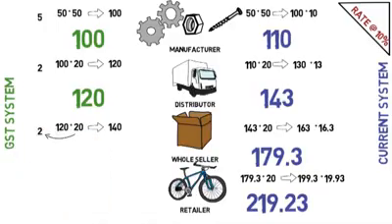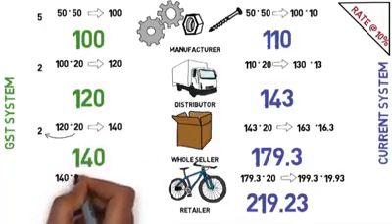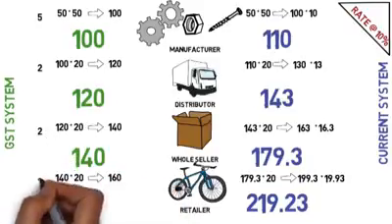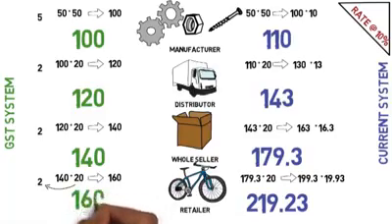The retailer buys the product for 140 rupees, adds a profit of 20 rupees, pays the tax of 2 rupees on his profit of 20 rupees and raises the final consumer price to 160 rupees.